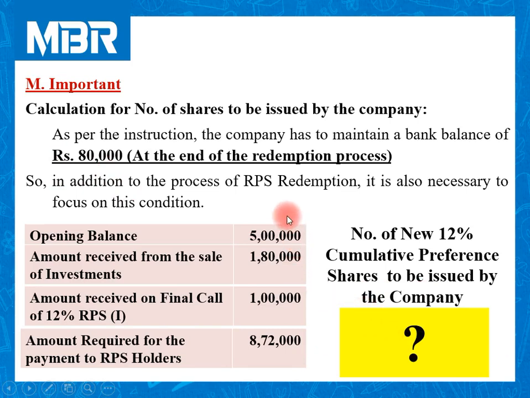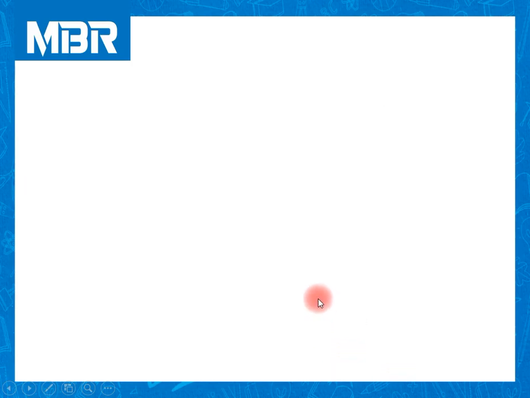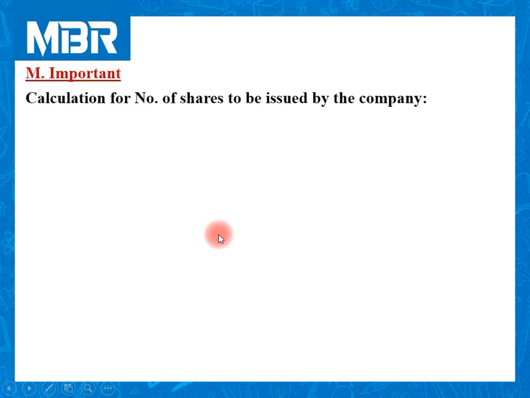So by keeping the figures of receipts and payments and closing bank balance in mind, we need to prepare a statement, and this statement is highly useful to decide the number of shares issued by the company.